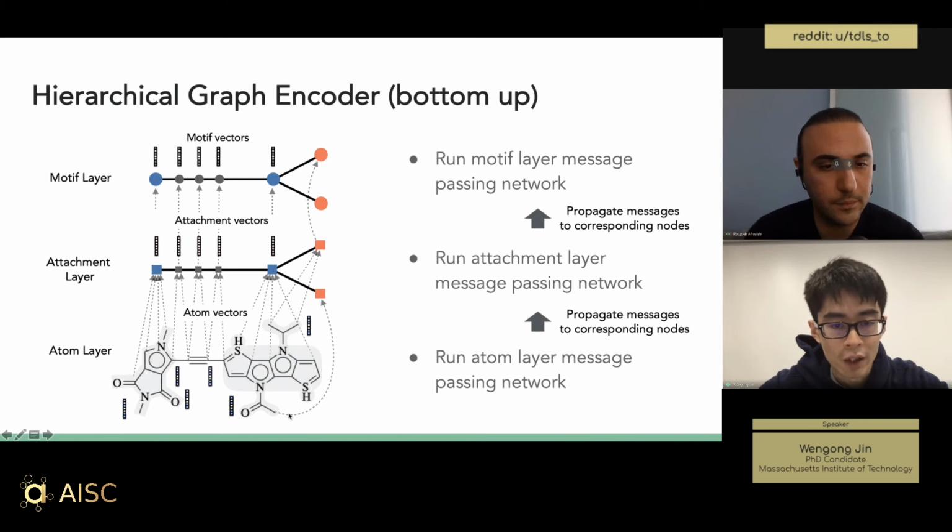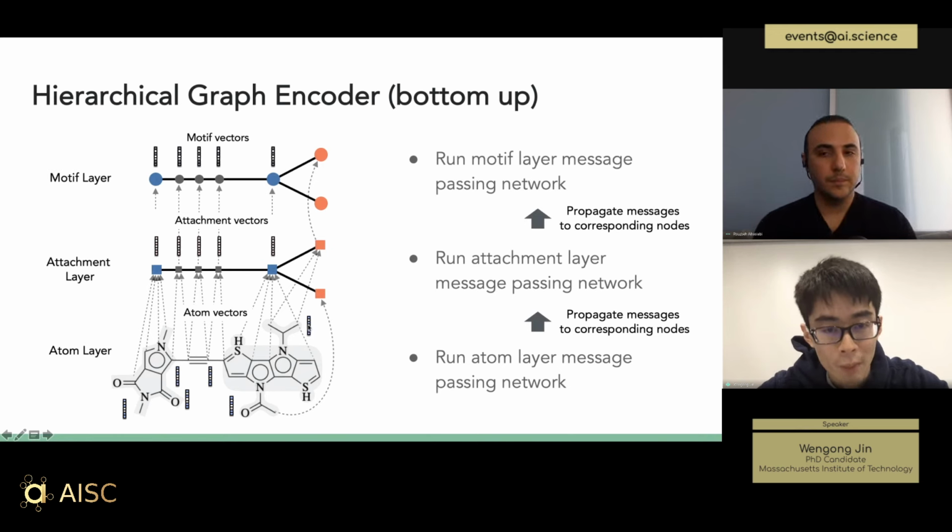Here, for example, these dashed arrows represent how the messages from the atom layer will be propagated to the attachment layer. After you run the message passing network on the atom layer, you will have vectors associated with each atom. I will propagate these vectors to each of the nodes here, which is each motif.